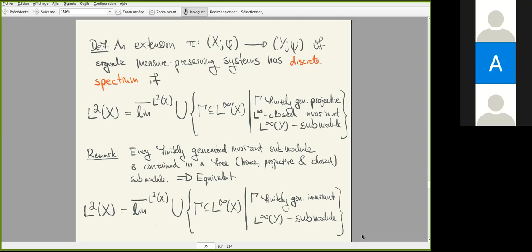And so the entire property of having discrete spectrum can also be phrased very simply with these two properties: finitely generated and invariant submodule. But it will be very important for us to have the bridge towards topological dynamics, to know that this is equivalent to having these other more complicated properties.